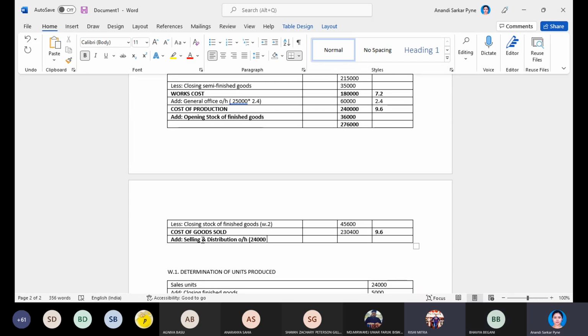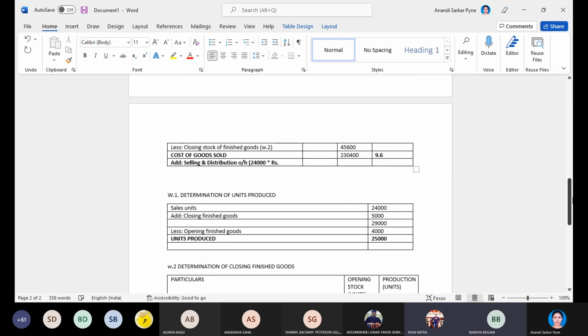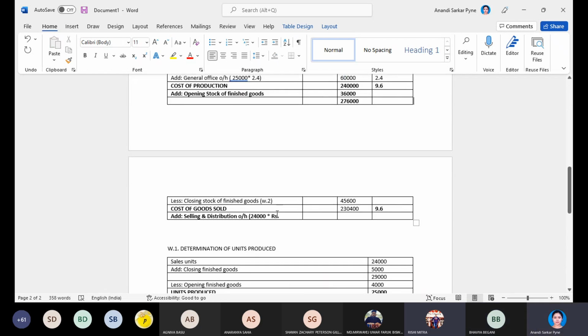Because these are the selling units, and you are charging selling overhead on the basis of the selling units only, not on the production units. So 24,000 multiplied by 1.5 cost per unit is 36,000.